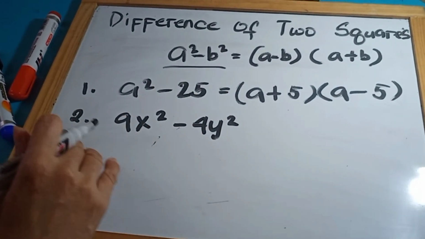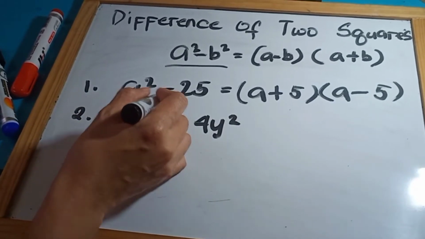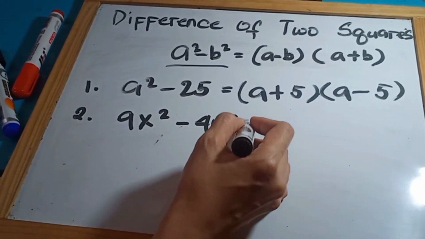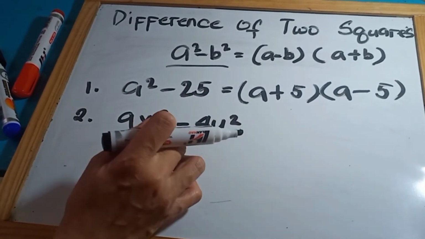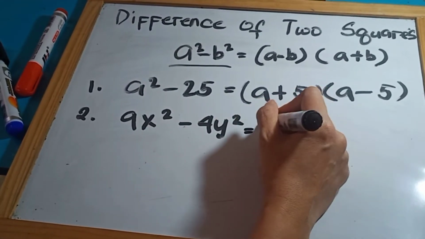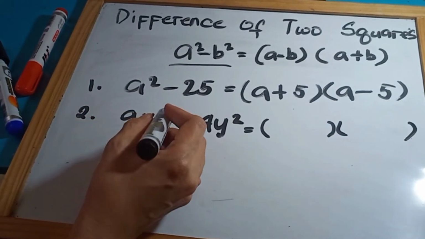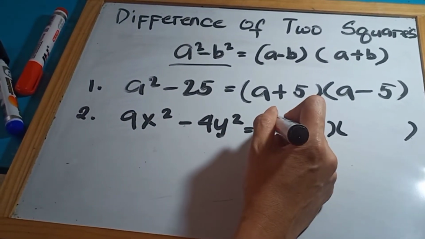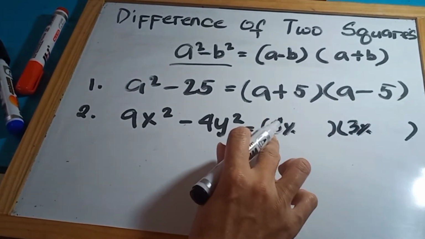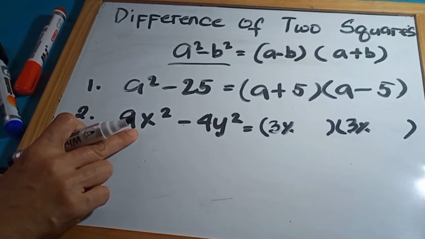So again, this is an example of difference of two squares because 9x squared has a perfect square and also 4y squared has also a perfect square, and their operation or the sign in between is negative. Okay, so what is now their factor? 9x squared, ano yung factor niya? That is 3x and 3x. 3x times 3x, that is 9x squared.